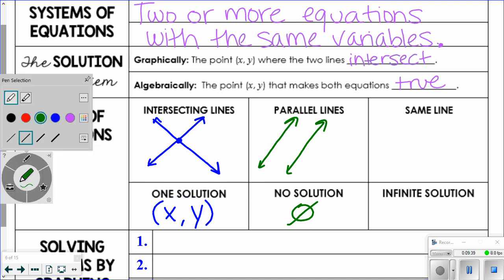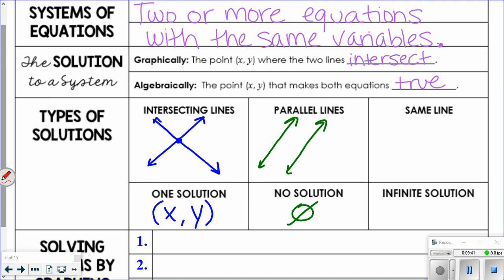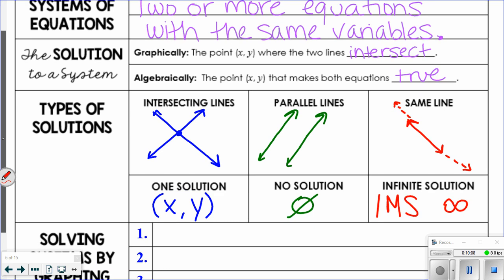And then if it happens to be the exact same line, so I'm going to draw a line, and then go like this to make it look like the same line coming out. Then it's infinitely many solutions, or sometimes I write IMS, or here's the infinity symbol, whatever you prefer.